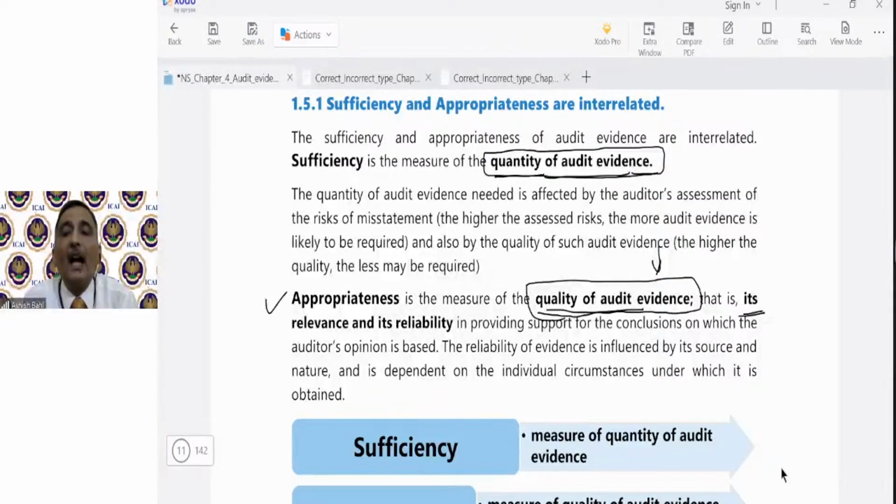Okay, guys. And what is quality? Quality is affected by relevance and reliability.